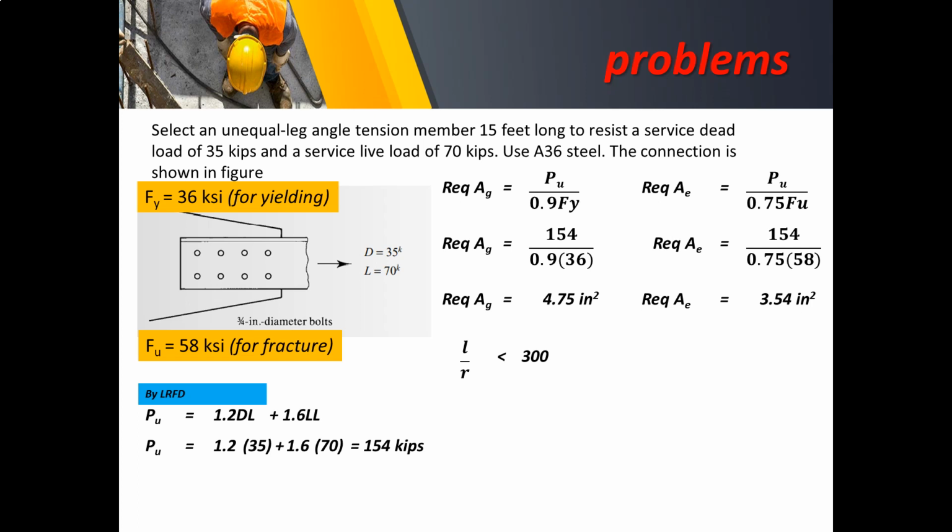Because of this provision, we set our limit to 300, and by substituting and interchanging R and 300 by cross multiplication, R can be solved.